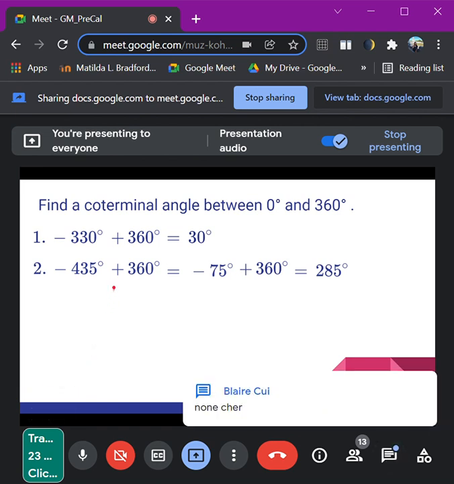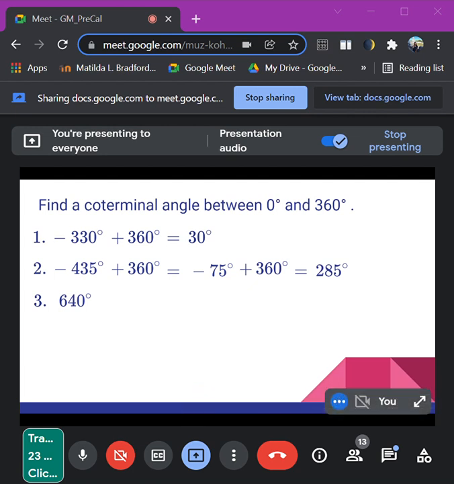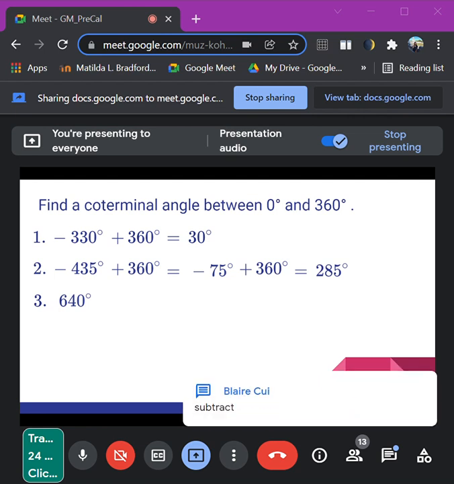Okay, none. Now let's go to number 3. We have here 640 degrees. We're going to find its coterminal angle. So what are we going to do? Add or subtract? Okay, subtract 360 degrees.